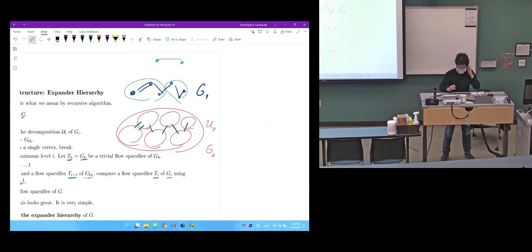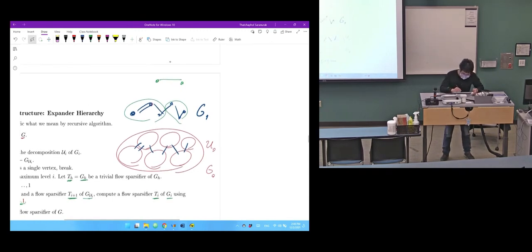So this is what it's going to look like. Suppose that this is GH. Now you build TH, it's just one node. Then T(H-1) is going to be something like this, and so on, and T1 is going to be something like this.